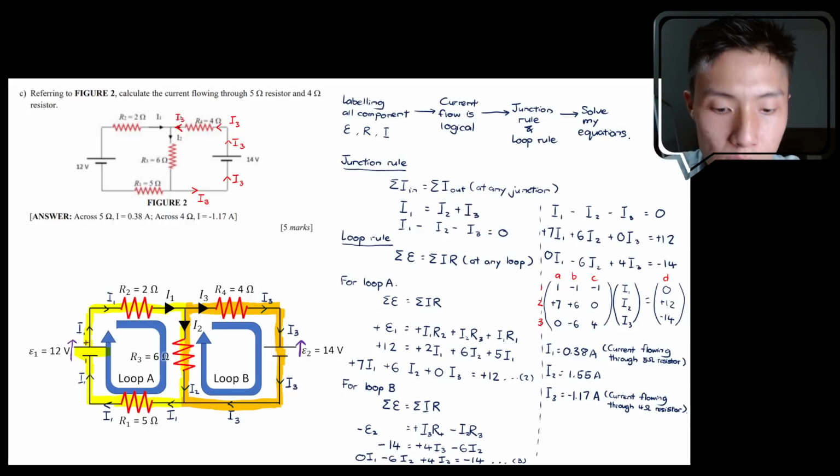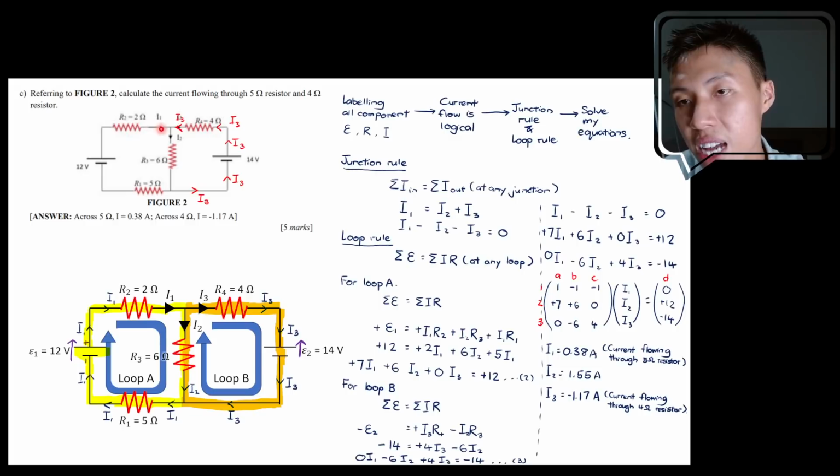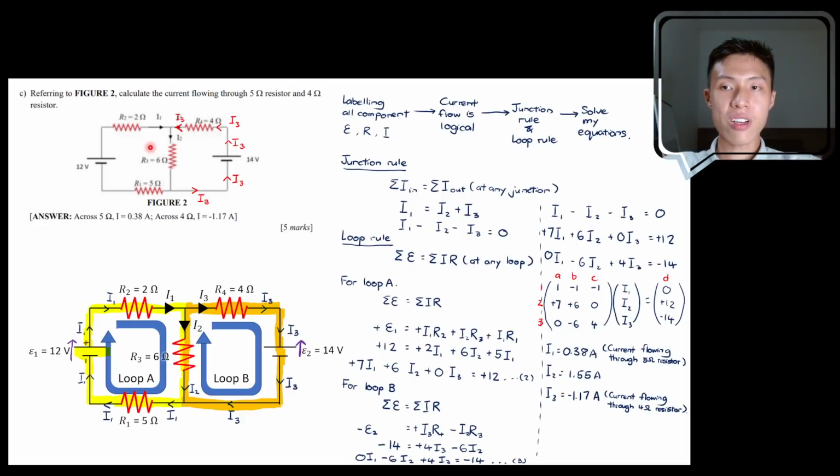Now if you look at this junction over here, the currents entering are I1 and I3, and the current exiting the junction is I2. So you have both currents coming in from left and right, then they merge together and enter branch 2, which is current I2.